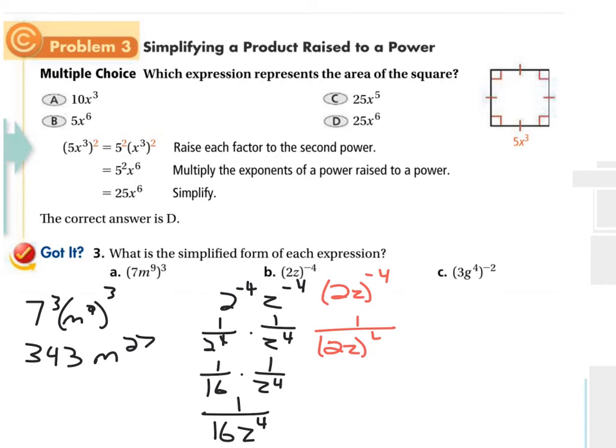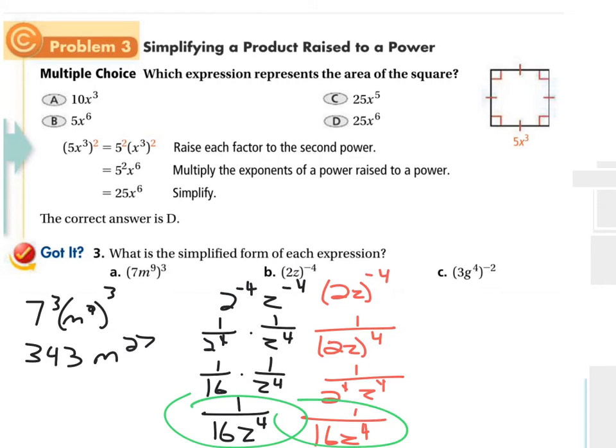Then you could distribute that 4 to each part and say that's the same as 1 over 2 to the 4th z to the 4th. And of course, 2 to the 4th equals 16. So on the bottom you get 16z to the 4th, just like we did here. So we get that for both of those.